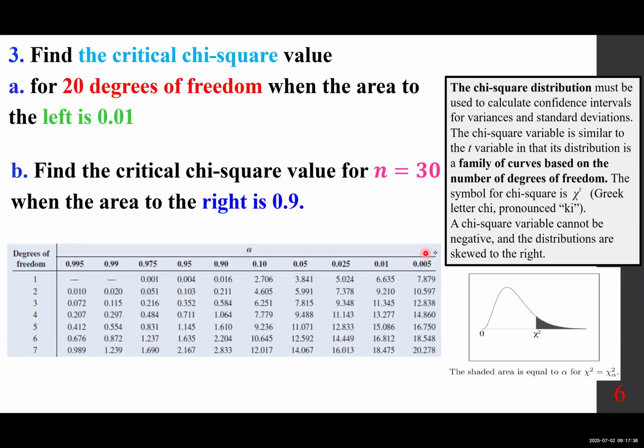The way you read it, you need the degrees of freedom, and alpha represents the area to the right. In other words, if they have given you area to the right, so be it. If they have given you area to the left, you have to subtract it from 1 because the total area is 1.